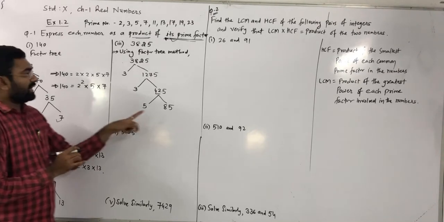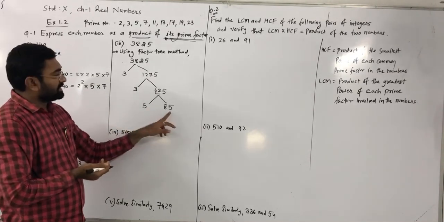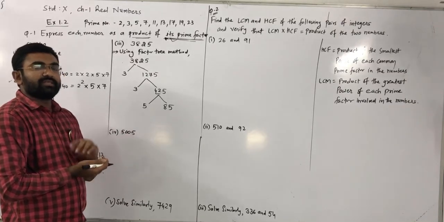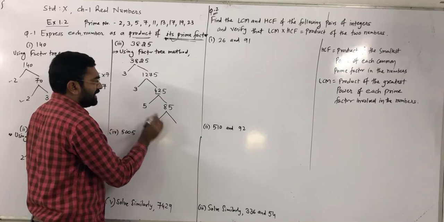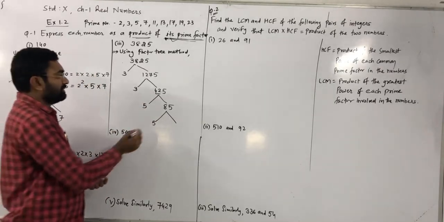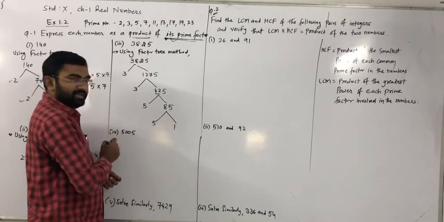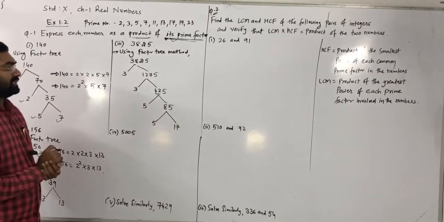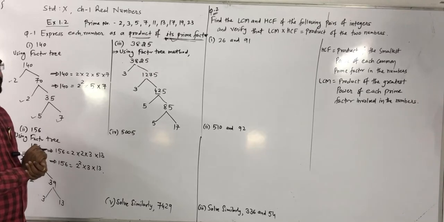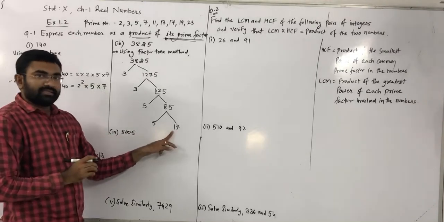Okay. So now 85. 85 also has a 5 at last, so it is divisible by 5. If you divide by 5, you get 17. 5 ones are 5 and 7 fives are 35, 17 fives are 85. Now 17 is a prime number.